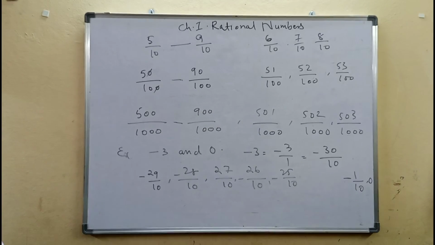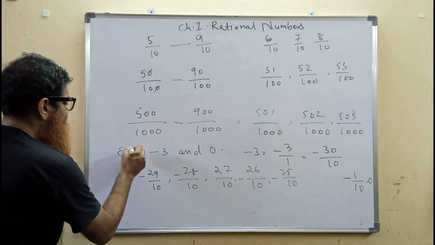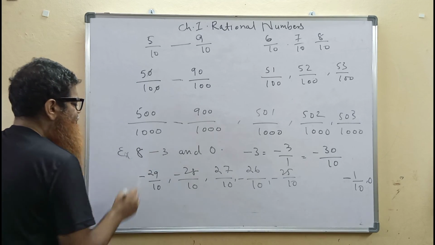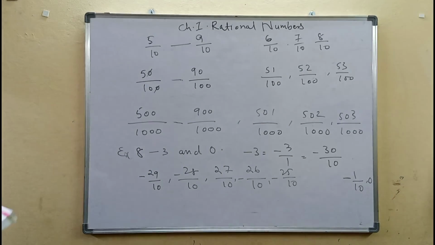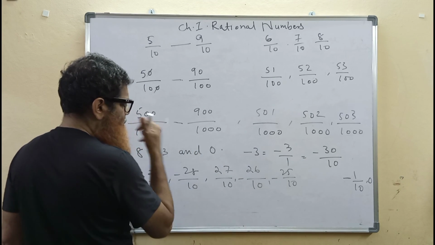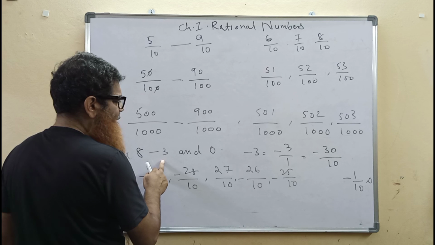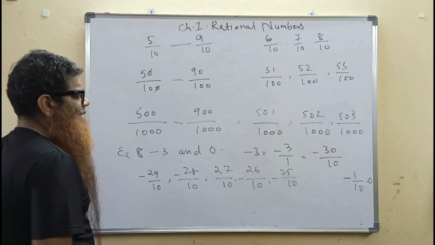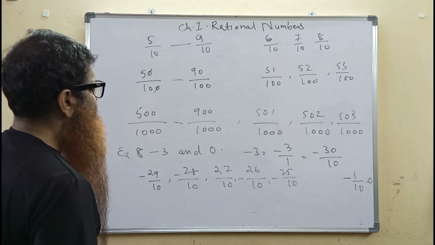Then we have example 8 on page number 25. Write 5 rational numbers in between -3 and 0. -3 and 0 are integers, so there are -2 and -1 before 0 from -3. But we need to find 5 rational numbers between these two numbers.